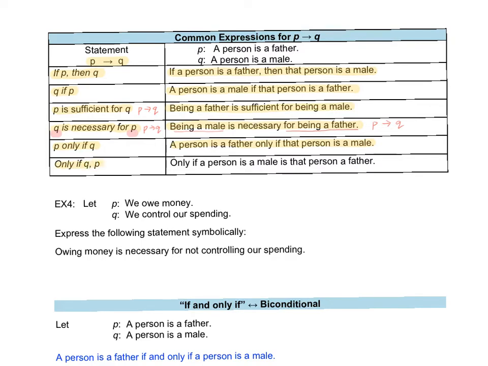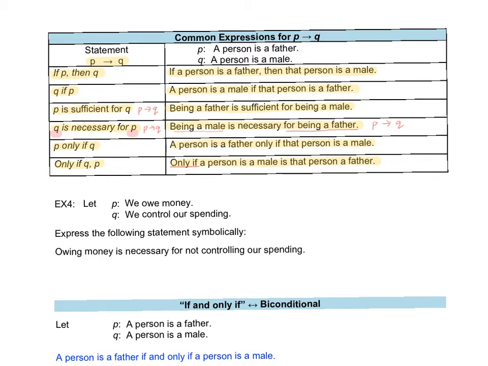So notice that we took the previous statement and we just reorganized it. Only if Q, comma, P. Only if a person is a male is that person a father. So if the only if comes at the beginning of the statement, then what follows is going to switch order.